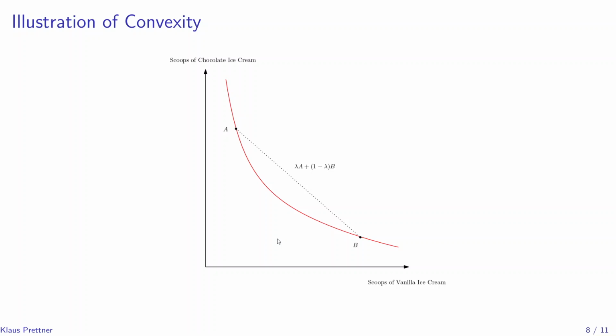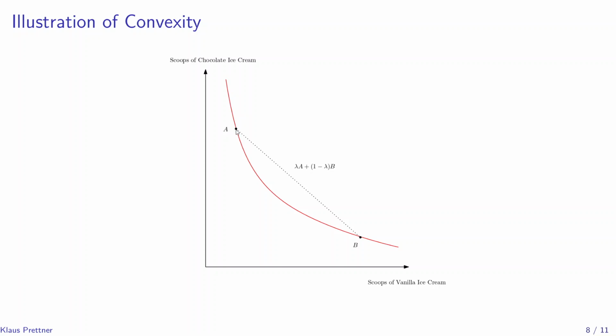What does this mean? Well, if you take the indifference curve, you have the better set to the right here, so away from the origin. And if it is a convex set, then mathematically it means that the linear combination of two points that lie on the border of this set will be inside the set.